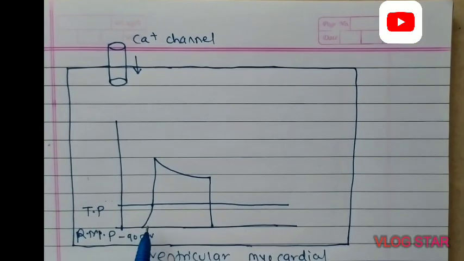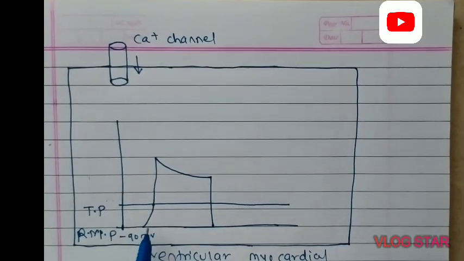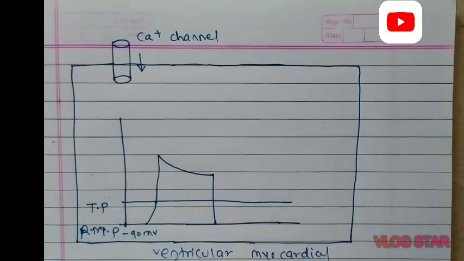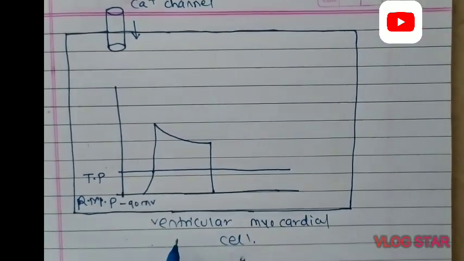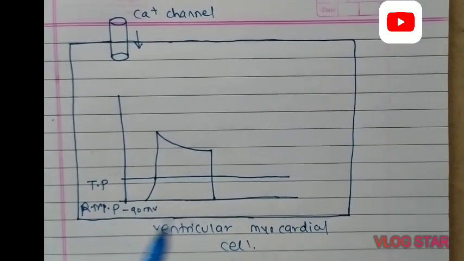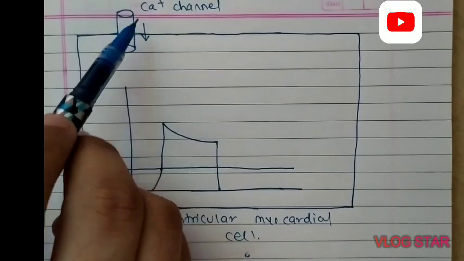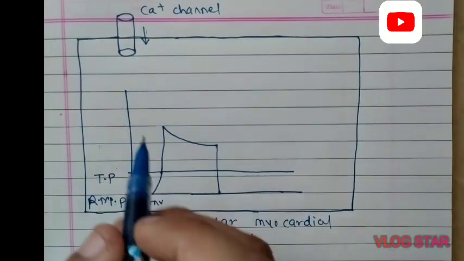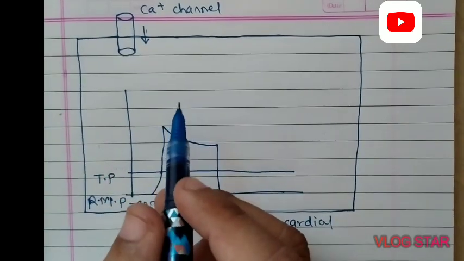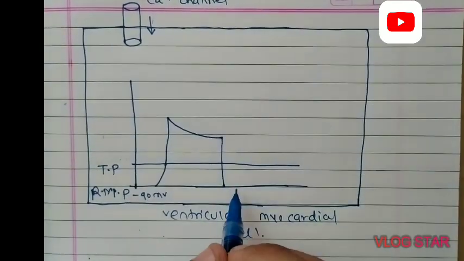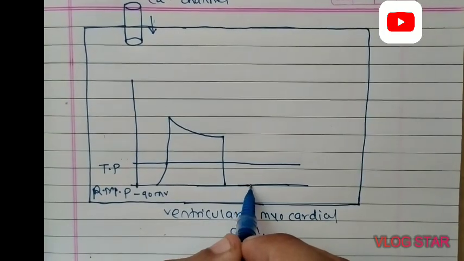So this is the new diagram. It indicates the normal action potential generated in the ventricular myocardial cell. If there is an abnormal influx of calcium, so more and more calcium gets in, and this entry of cations, that is, entry of positive charges inside the cell, means the resting membrane potential cannot really rest.